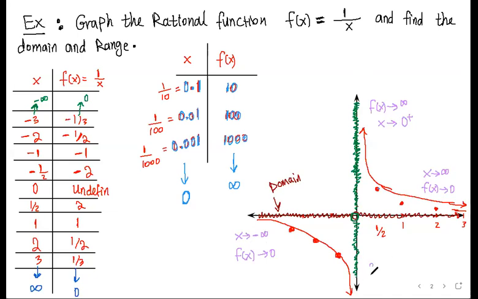And the same thing here, when f of x goes to minus infinity, x goes to 0 from the left side, negative. From this side, x is close to 0. Makes sense? Any question?